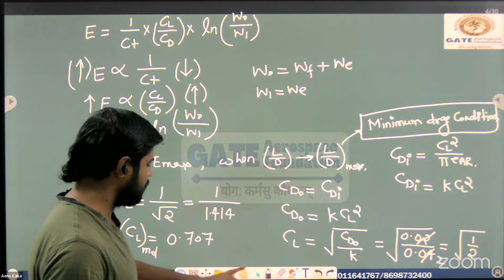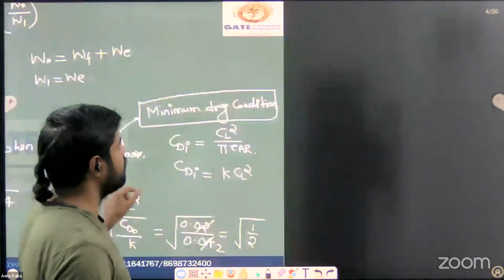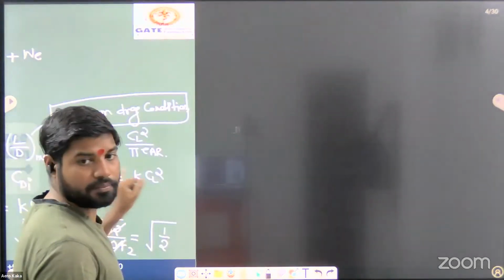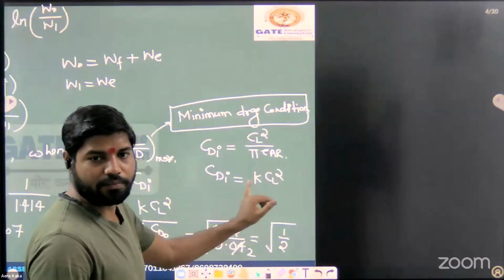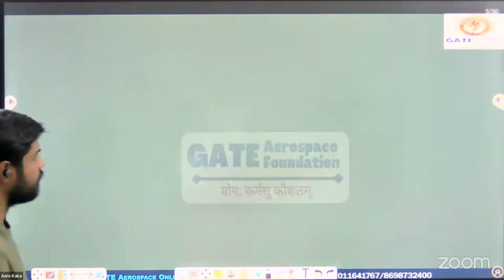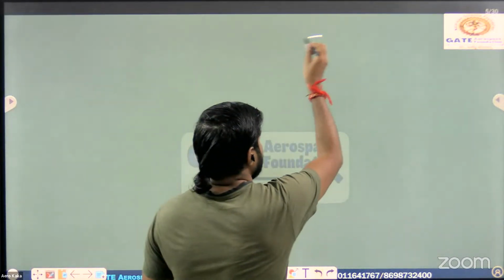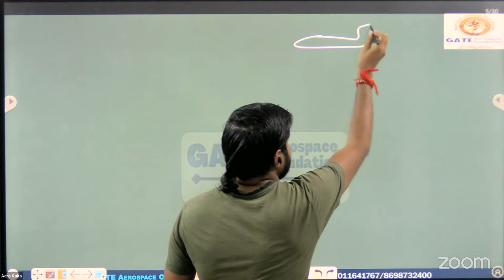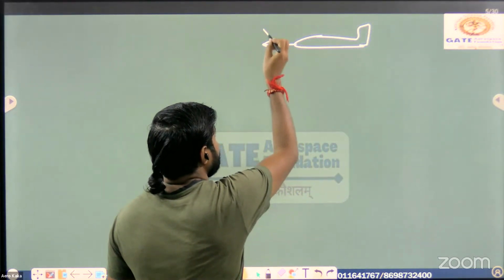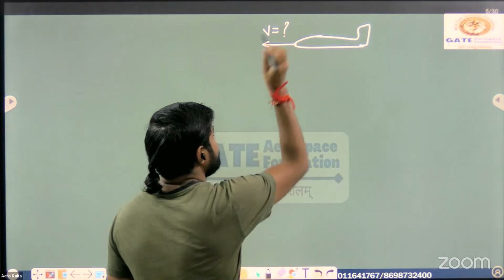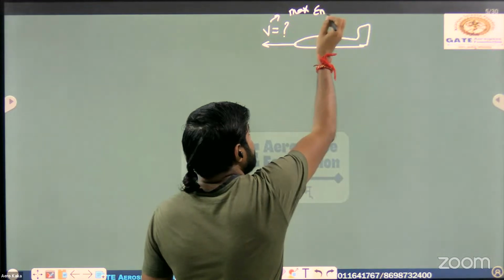For example, let's consider this is the aircraft which is flying at a certain altitude, having the forward speed V. So they are asking, what is this V for maximum endurance, right?